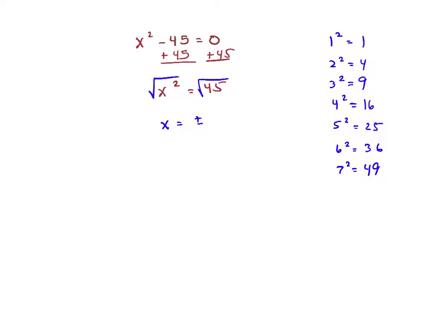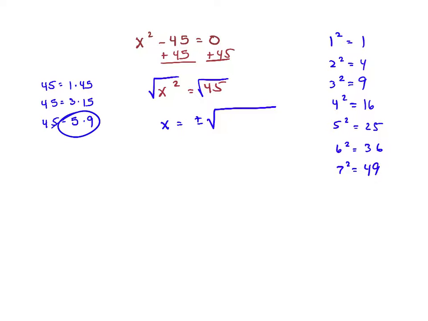So this is where we have to go back to what we learned in geometry, which is we have to simplify it by factoring it. Now 45 factors a few ways. 45 is 1 times 45. It's also 3 times 15. It's also 5 times 9.